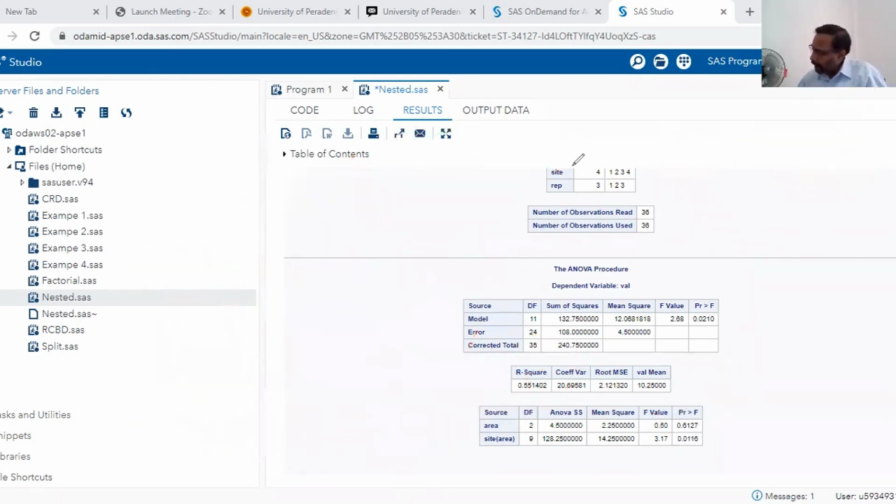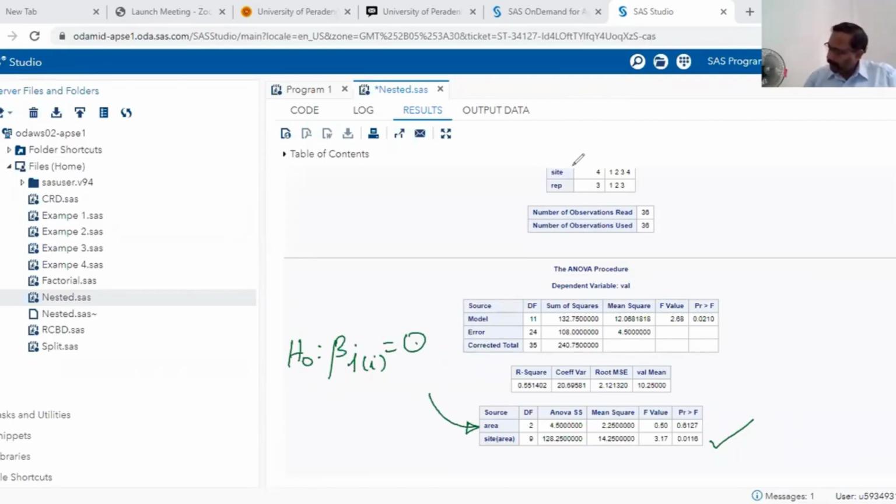So now we can explain this. We will come to this area in a little while, how to test that. We can test this null hypothesis, beta j within bracket i is equal to 0. That is my null hypothesis, right? That we can test.